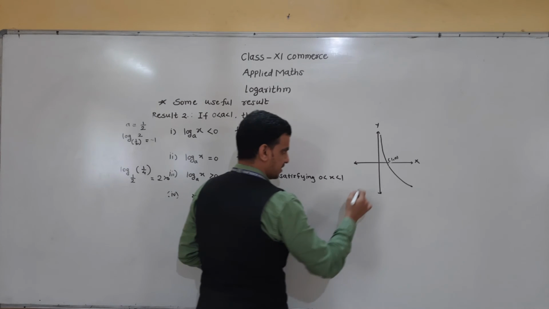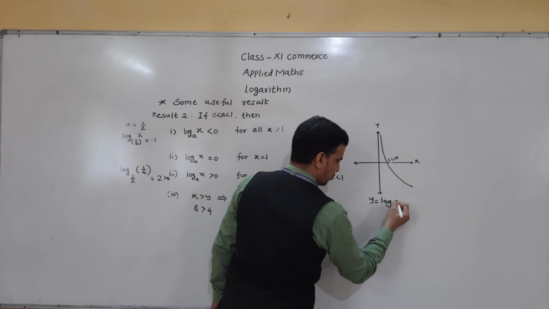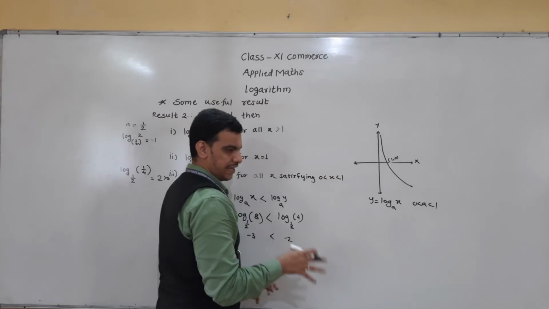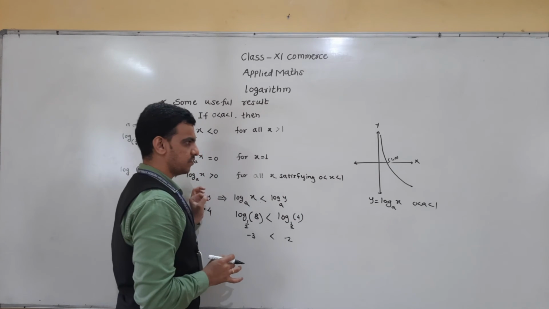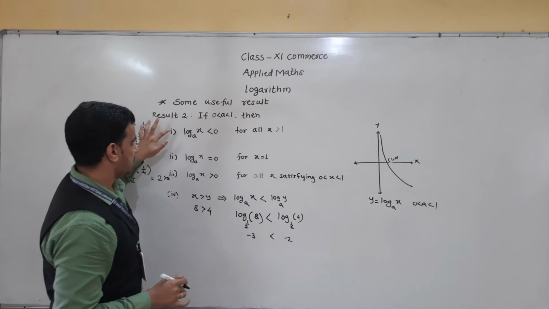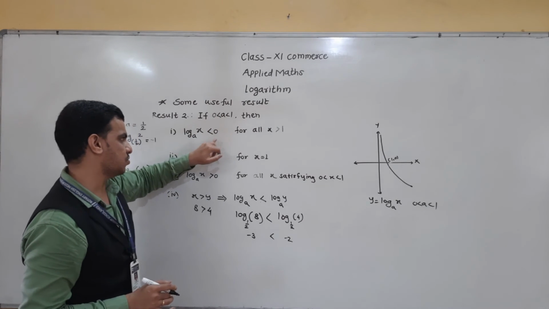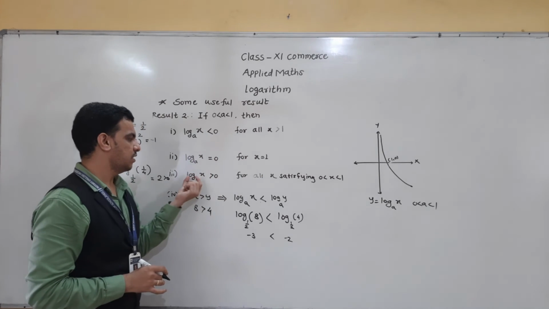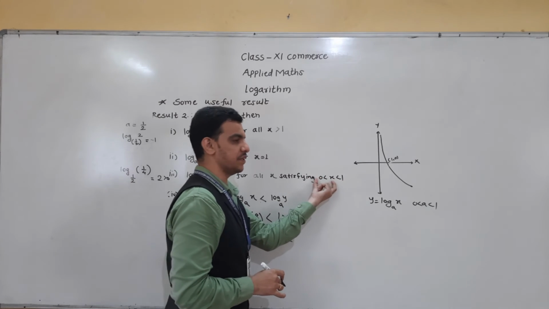So in this case the function is decreasing. y is equal to log x to the base a, when a is in between 0 to 1, is a decreasing function. Understand this? So if a is in between 0 to 1, then log x is less than 0 for all x greater than 1, log x is equal to 0 for x equal to 1, and log x is greater than 0 for all x in between 0 to 1.